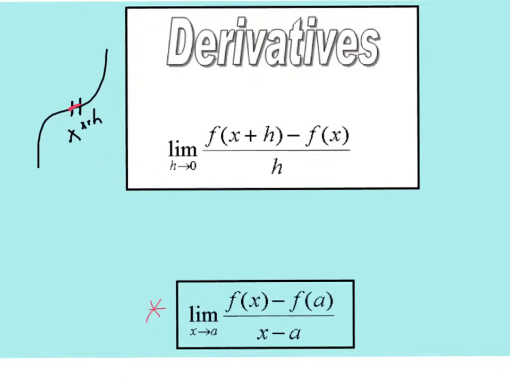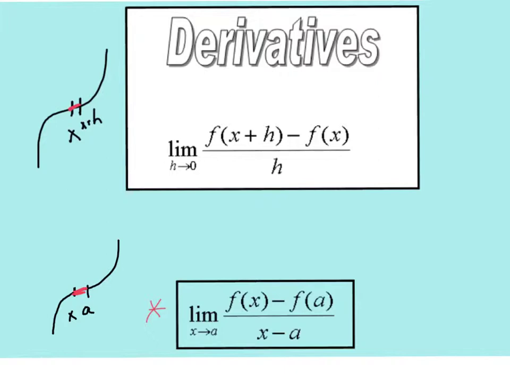This definition says, let's say you want to find the slope at a point, call it a. To do that, you pick another spot really close to it, and you find the slope between them.